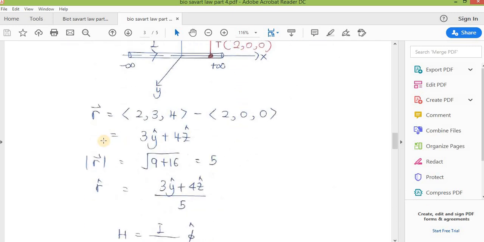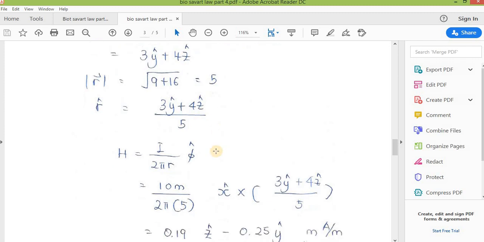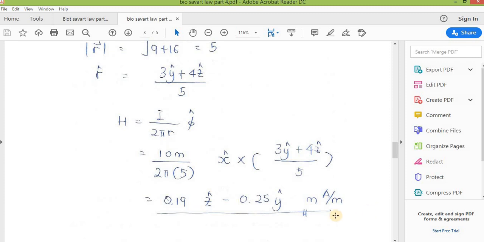Then I find vector r, which is the observation point minus the source point, the current point T. I get 5 for the magnitude and this unit vector r. I replace these into the equation, so this is my dl, and this is my unit vector r, and I get this answer.